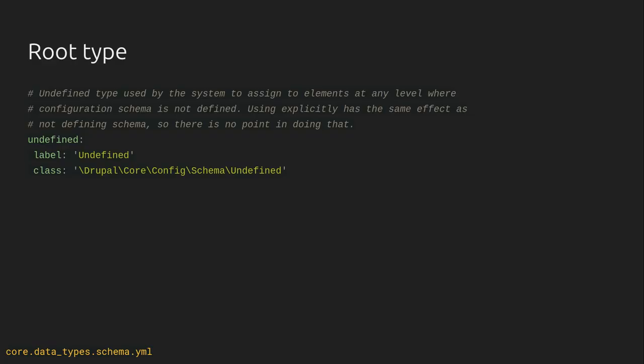So the root type or the fallback type that we have is undefined. If you have a piece of config and it doesn't have a schema, then we fall back to undefined. And undefined tells it basically nothing, but it is the only thing that we have to fall back on. So it is the same as there not being a schema, but we need to have something.